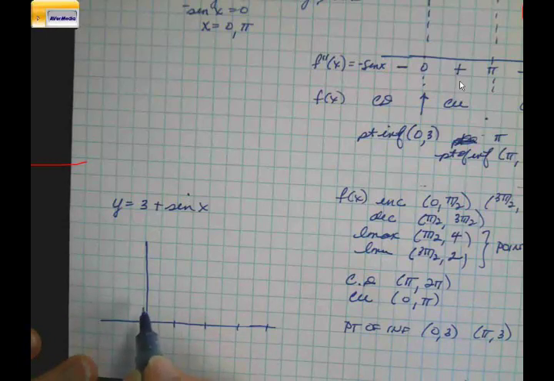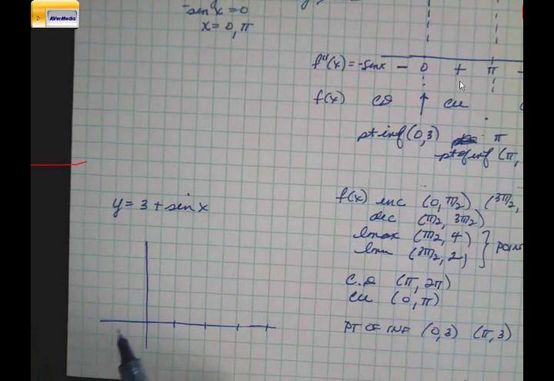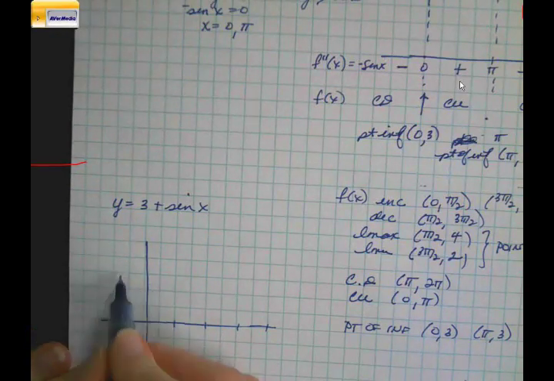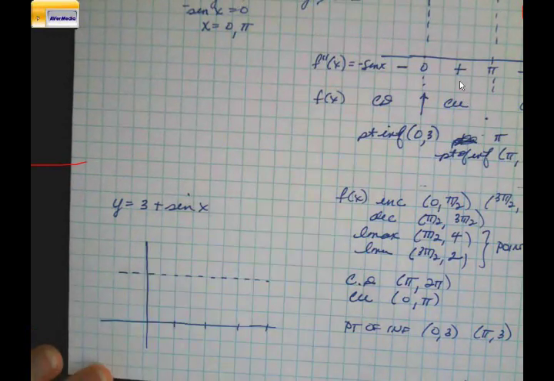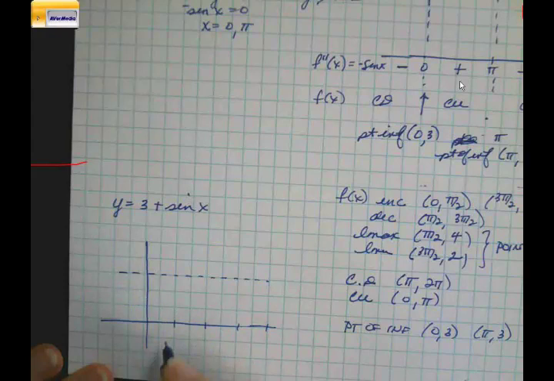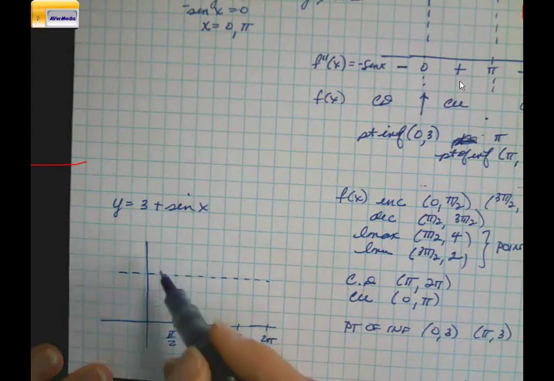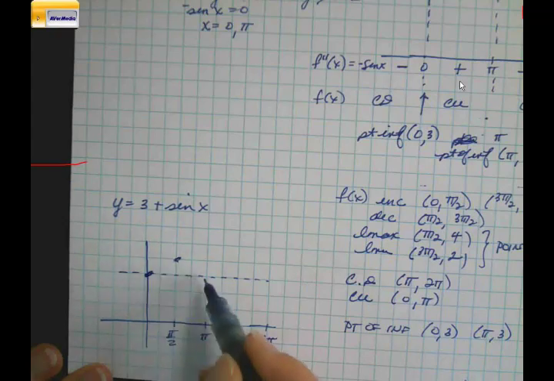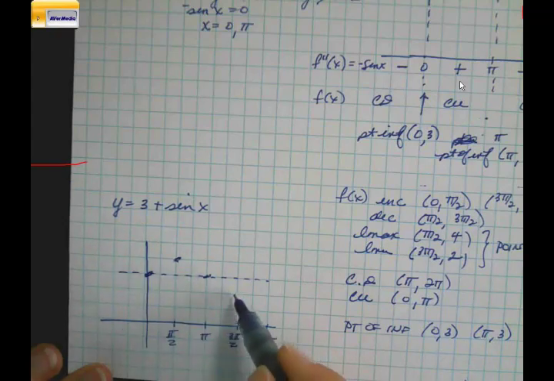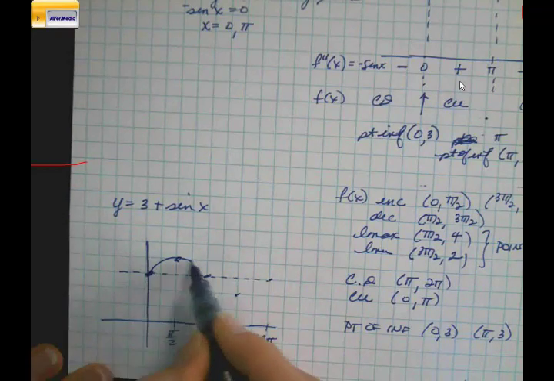There's a word for the line where you've translated it up 3 units, but I can't think of what it's called. So you're going to start here, go up 1, come back here, go down 1 and come back up here. So it's going to look like this.